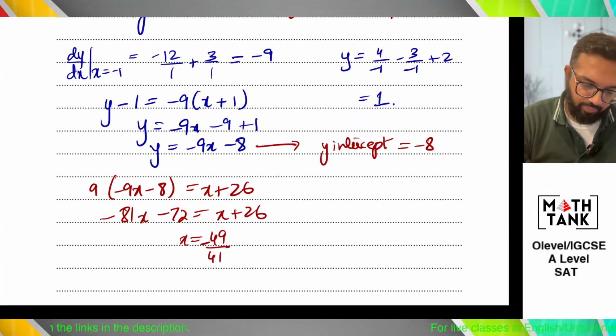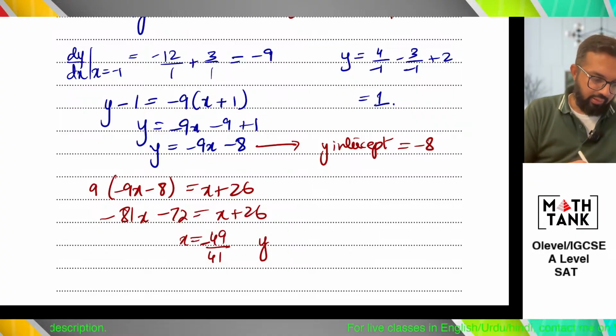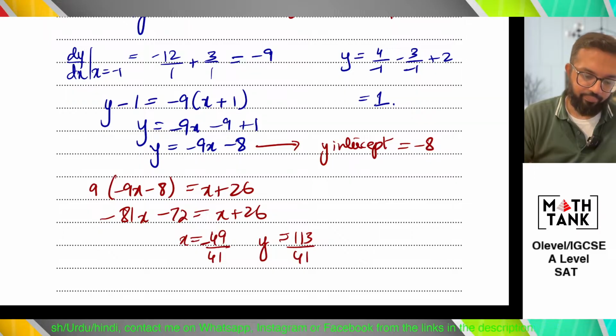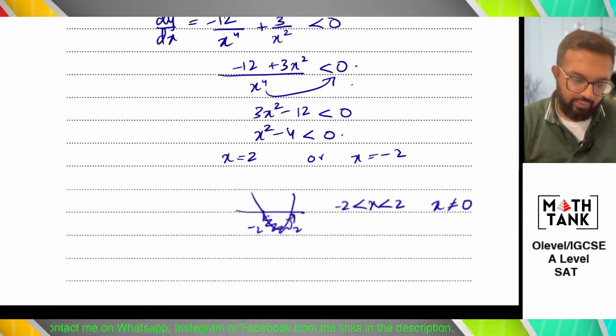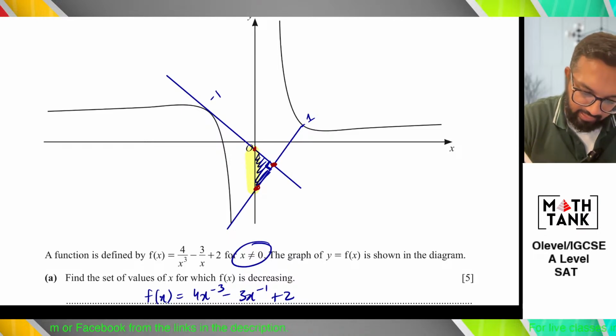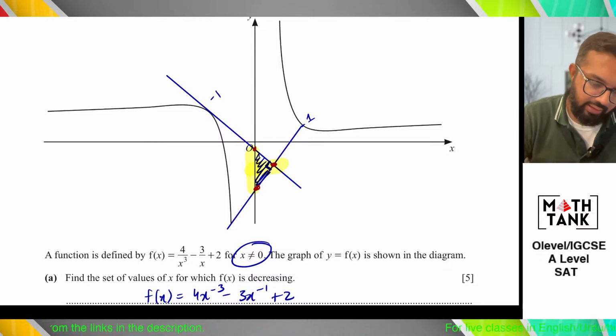and y should be minus 9 times minus 49 divided by 8, 113 over. Okay, so that's the intersection point. Can I simply say that the base of the triangle is this and the height is that?